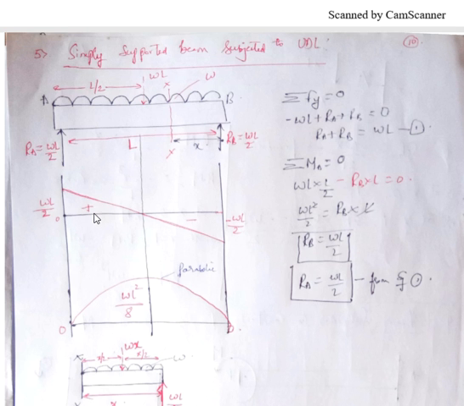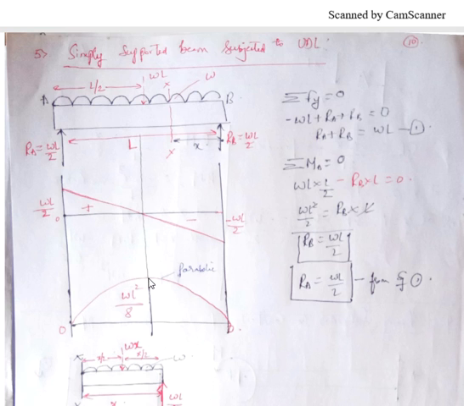Okay, now one more important conclusion which you need to understand here is, look at the curve. Here you can see that the curve for the shear force diagram is becoming 0 exactly at the center, and the curve for the bending moment diagram is maximum at the center.